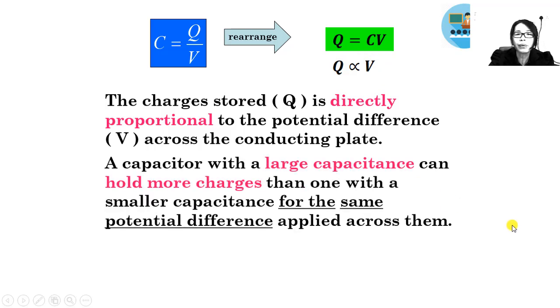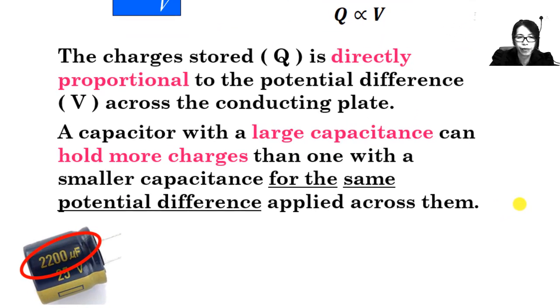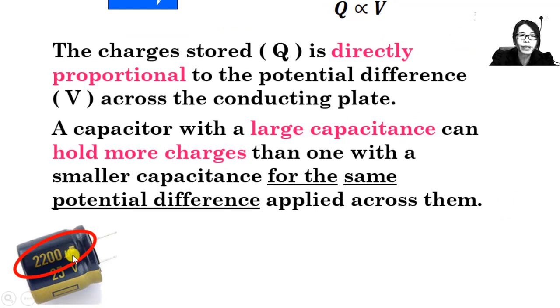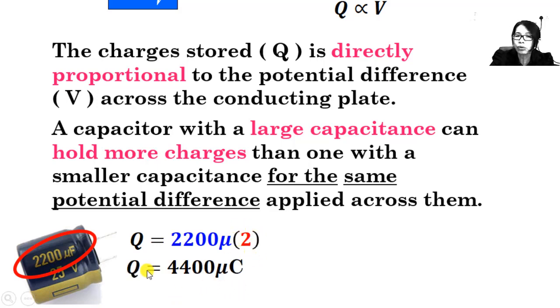A capacitor with a large capacitance can hold more charge than one with a smaller capacitance for the same potential difference applied across them. For example, if I have a capacitor of capacitance 2200 microfarads and I apply a potential difference of 2 volts, I'll be able to store a charge of 4400 microcoulombs.